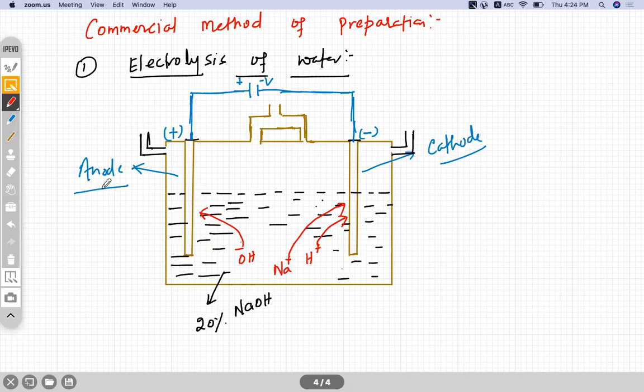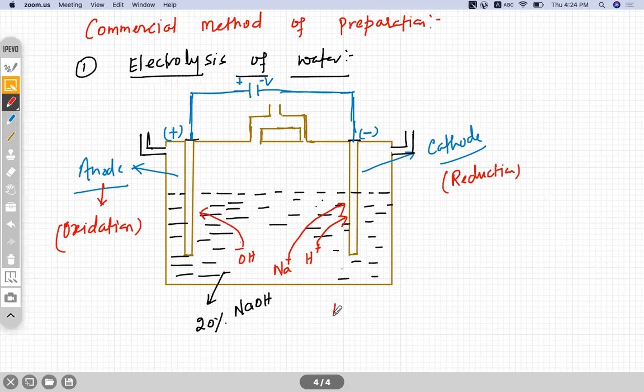So at anode, whether it is negatively or positively charged, we always have oxidation, and at cathode, we always have reduction. So this OH minus moves towards the anode, and at anode the oxidation takes place.